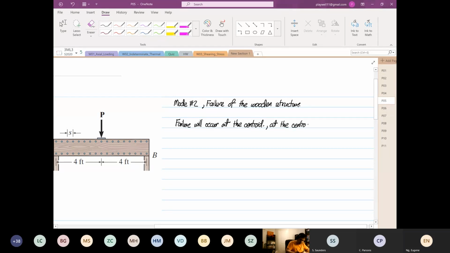Okay. So the failure criteria, we know that the shear allowable is equal to 3 times 10 to the power 3 psi. This is given, right?